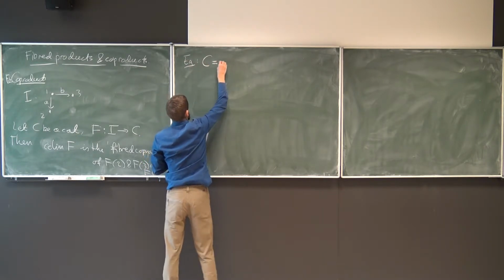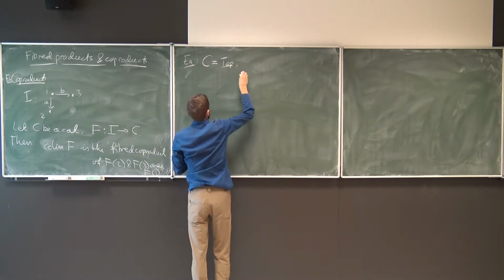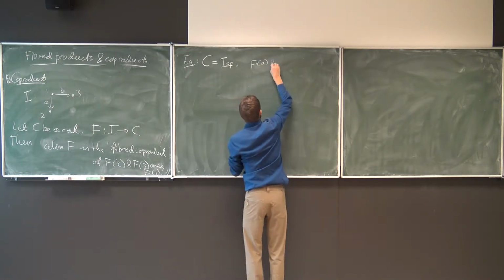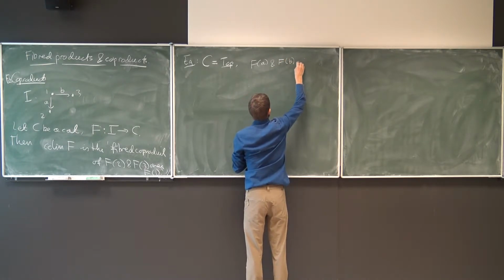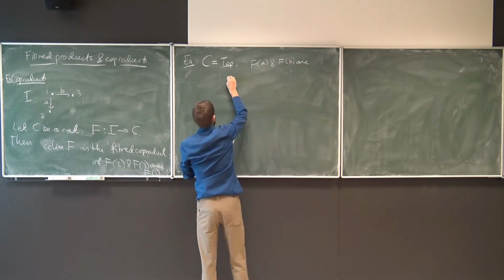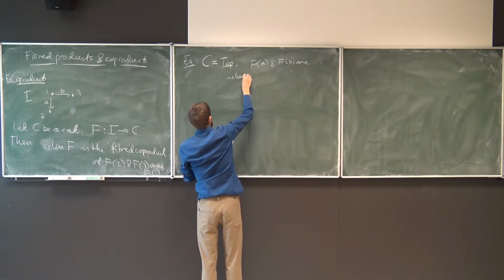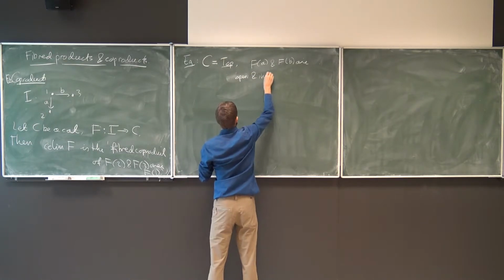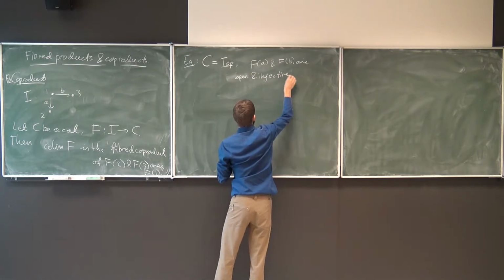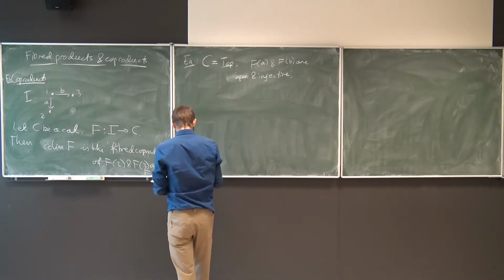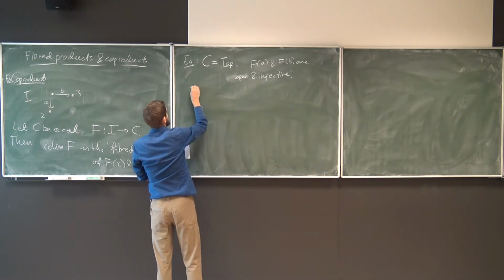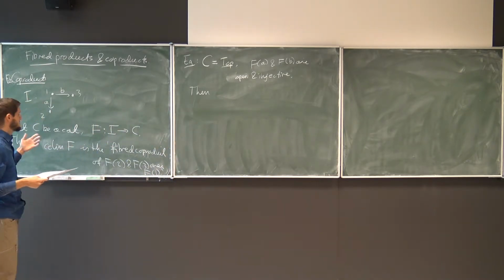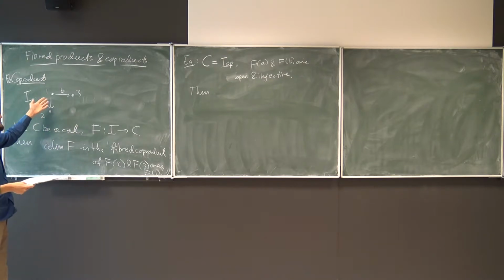Let C be the category of topological spaces, and say F of A and F of B are inclusions of open subsets, let's say open and injective. Then this fiber coproduct, so limits and colimits don't always exist, and the same is true when the diagram is of this shape.